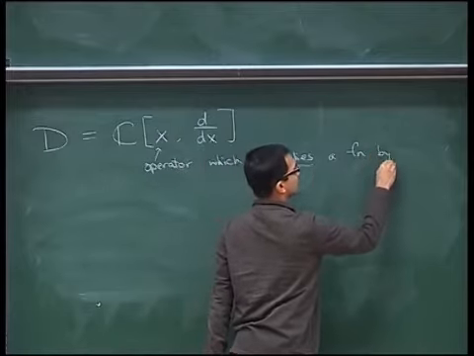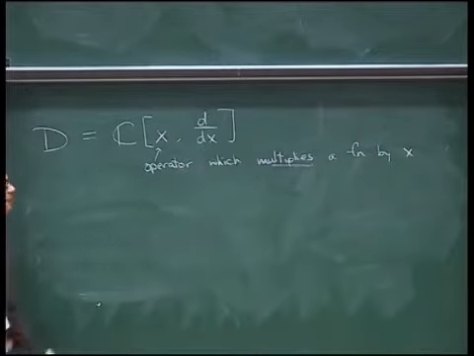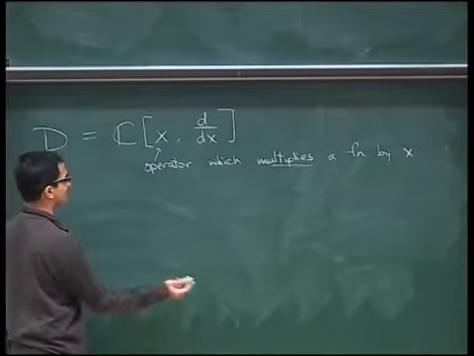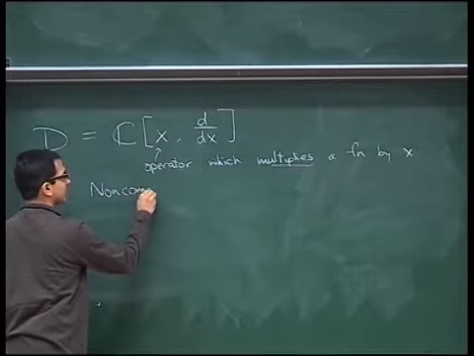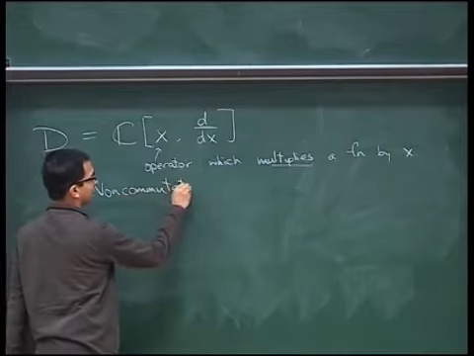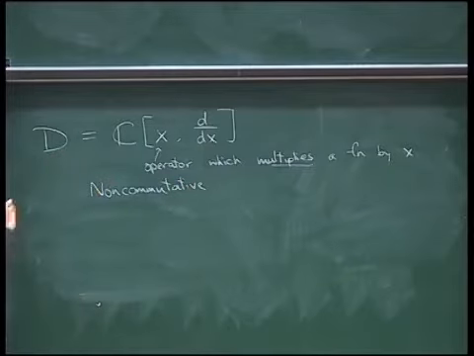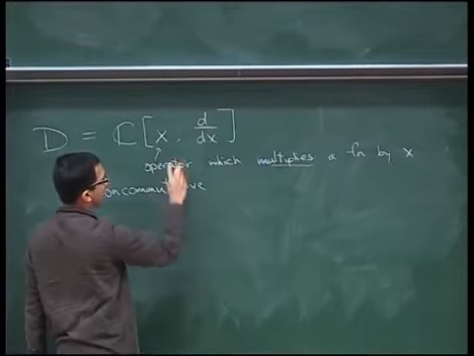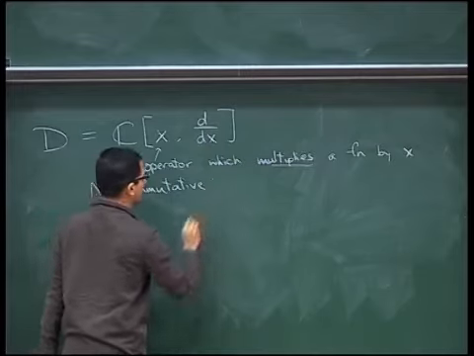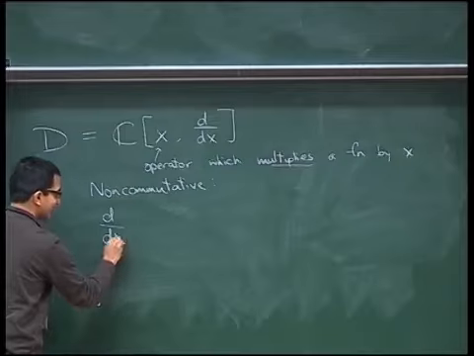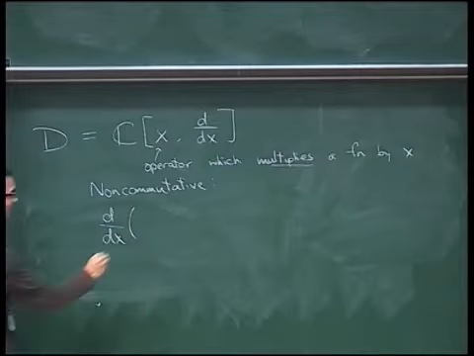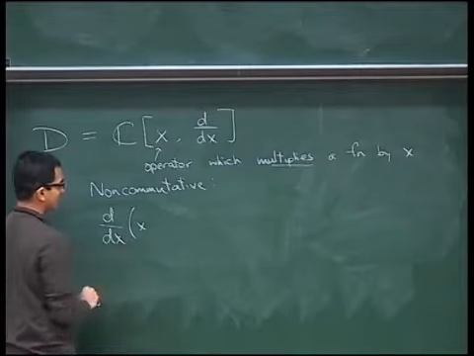Of course, multiplying by x and taking the derivative don't commute. So this is non-commutative, and it's easy to work out what the commutator of these is. Let's see. I guess this is some basic thing from calculus.